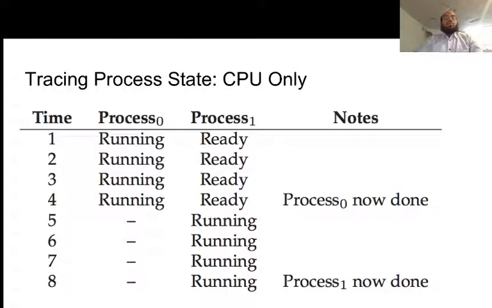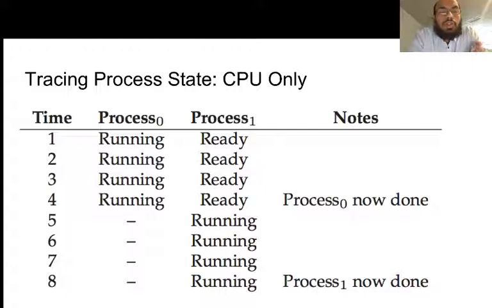So if you look at process states, CPU only, you have process 0 and process 1. This is one mode of operation where process 0 arrives first and it starts running, and it's never stopped. While process 0 is running, process 1 cannot really use the CPU if we have a single core CPU, so it needs to wait.